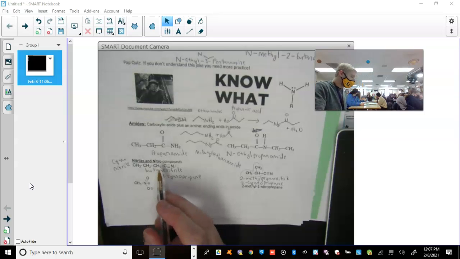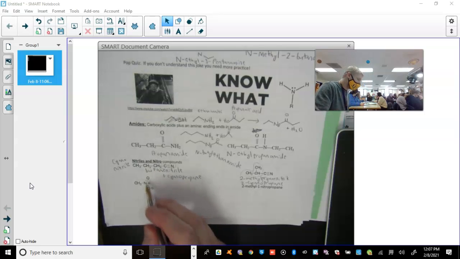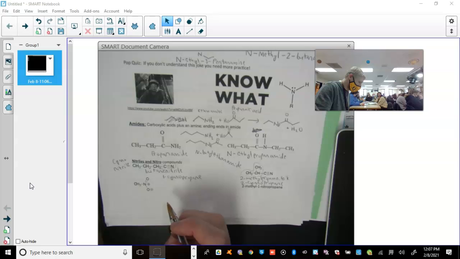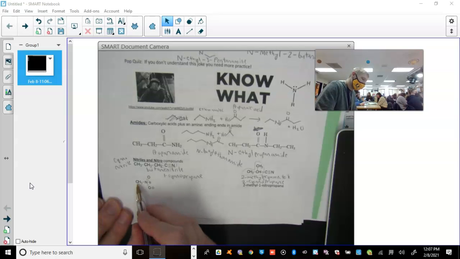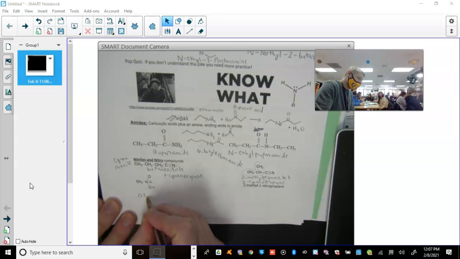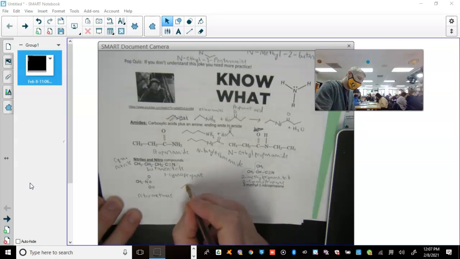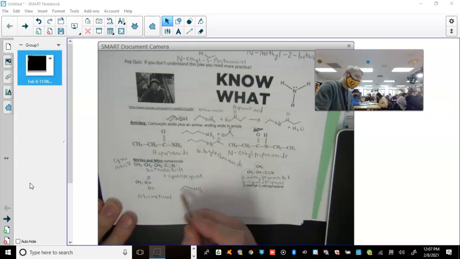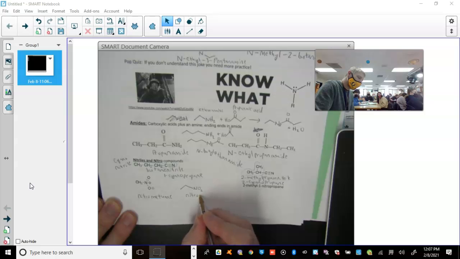All right, then we've got nitro, and that's if you have an NO2 hanging off as the functional group. Here we've got methane, and all you have to say is nitromethane. What happens if you had something like this? What would this be? Ethane.